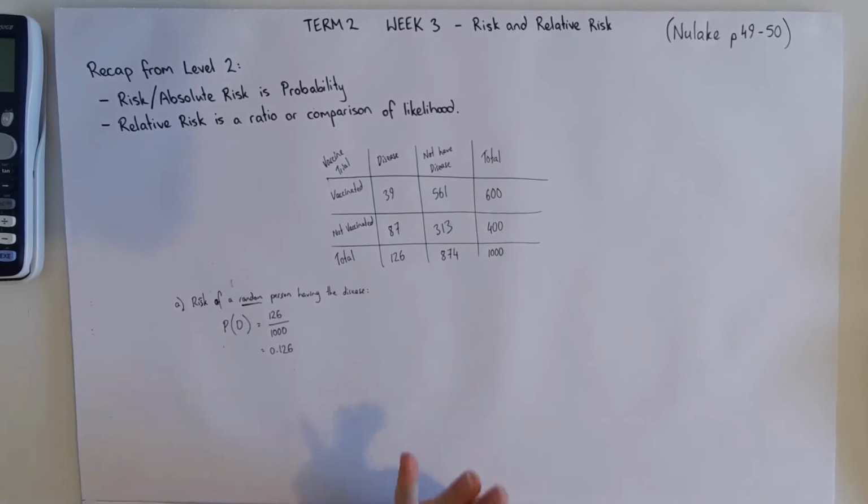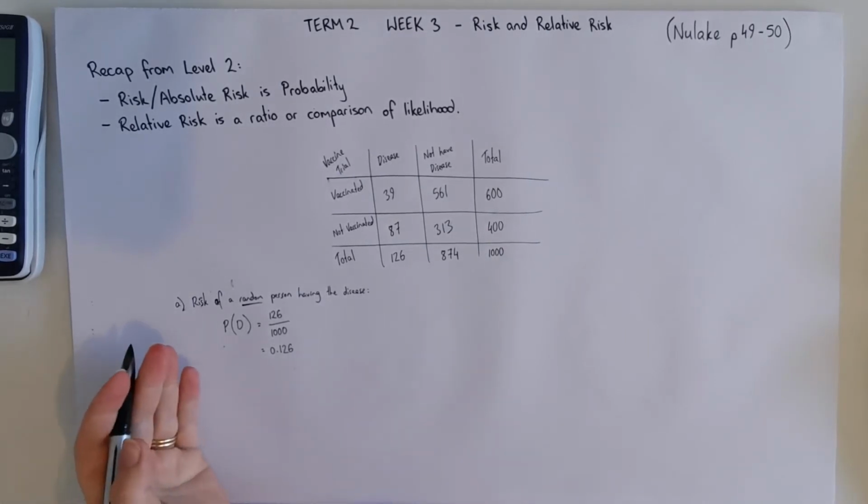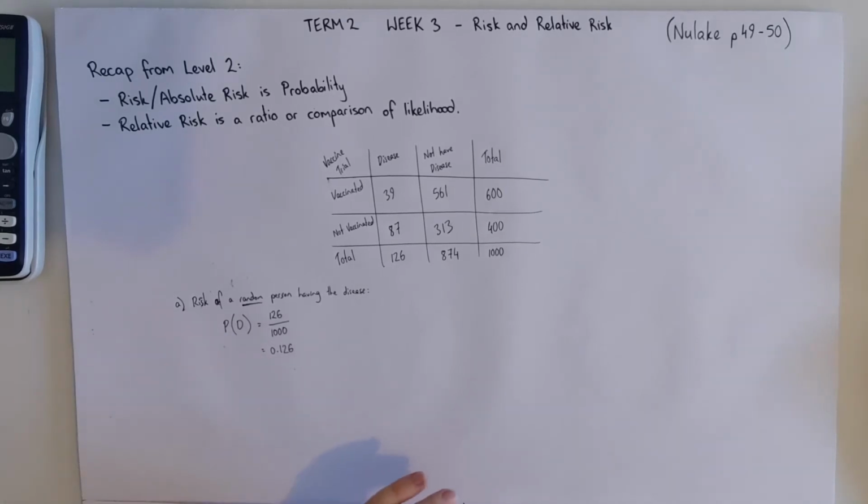If you were asked to interpret this, you would be able to say that the risk of a random person having said disease is 0.126, rather than using the language of probability. Just read the question and make sure you answer it in a similar way. That's the first kind.